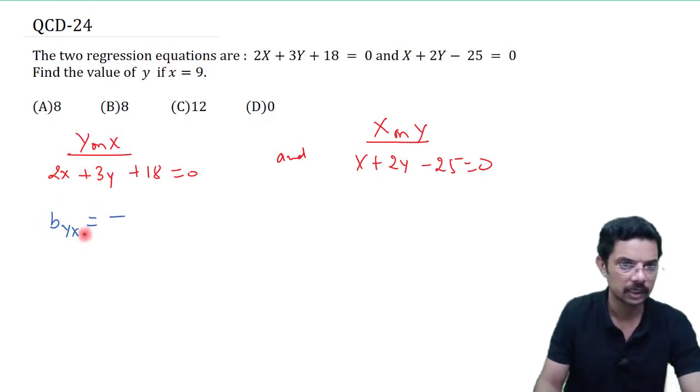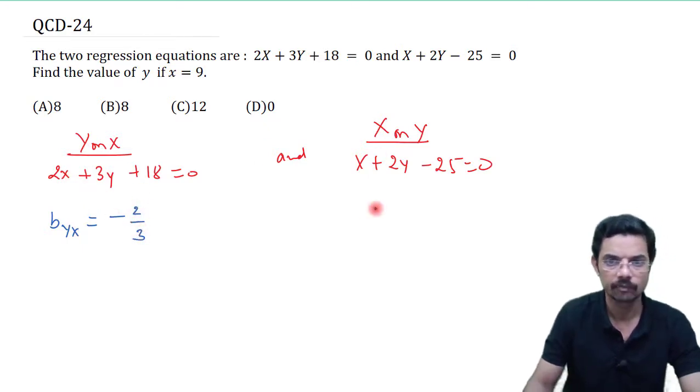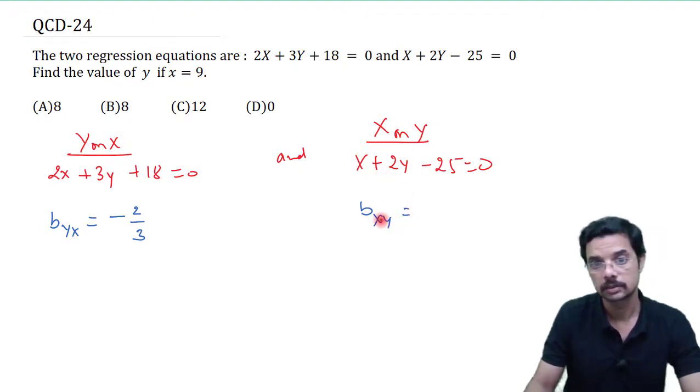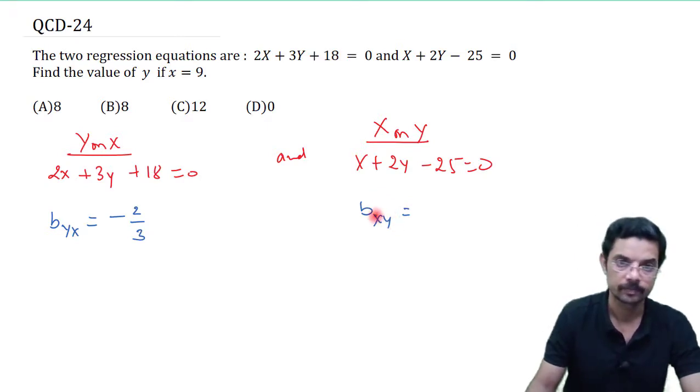So byx will be given as minus 2 by 3, and the same way bxy can be given as minus coefficient of y divided by coefficient of x.